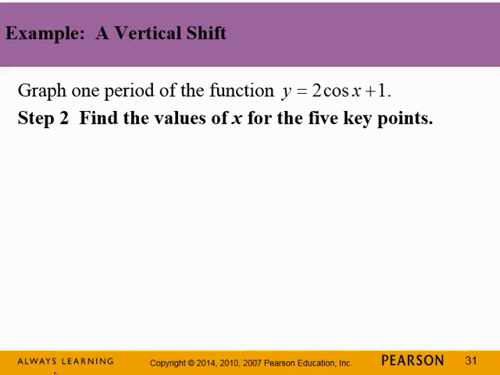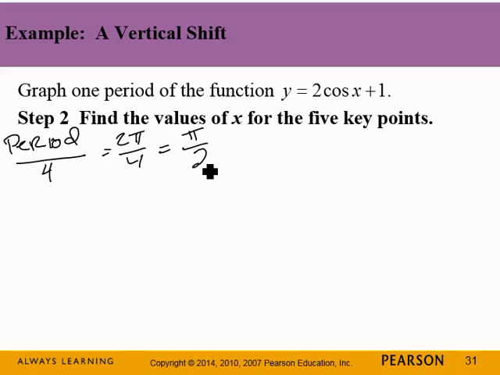So now we get to plug in points. We have to find what we're adding, so period divided by 4. So 2 pi divided by 4 will just give you pi over 2.